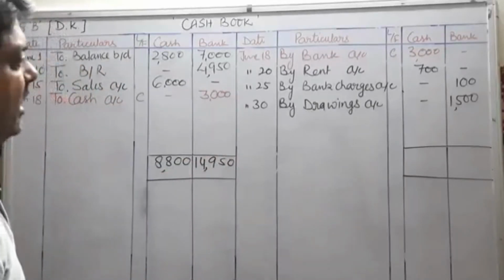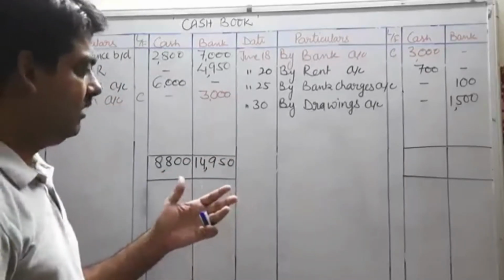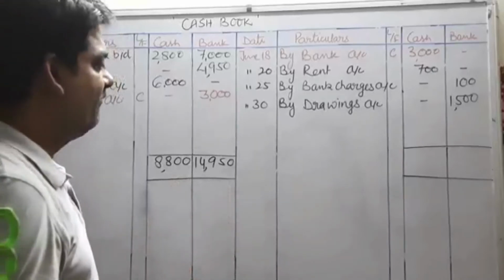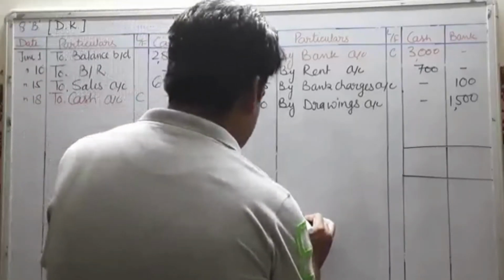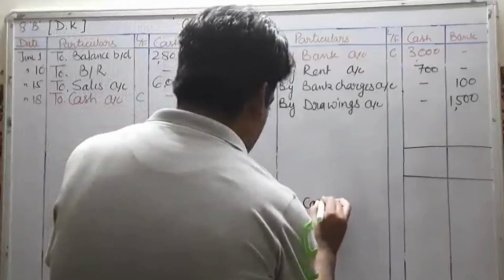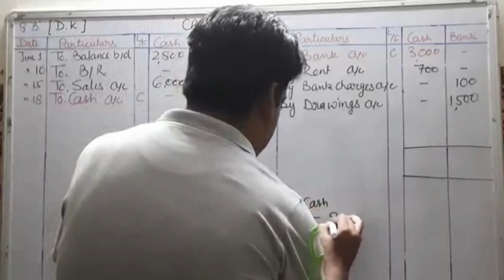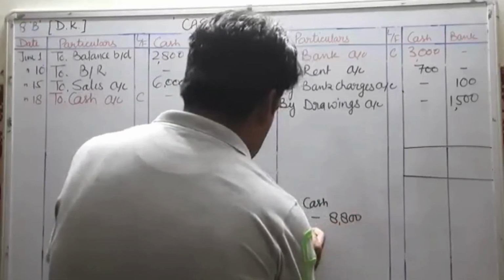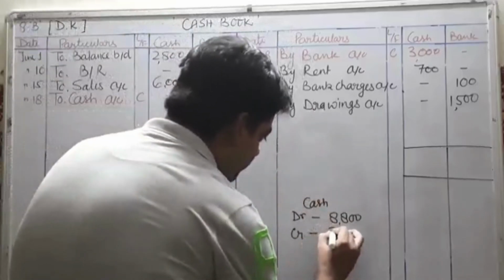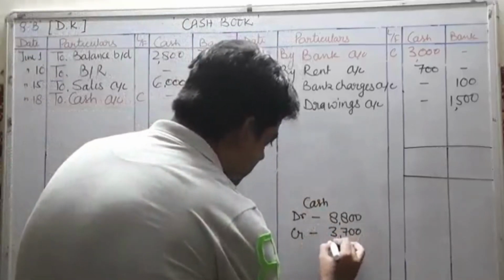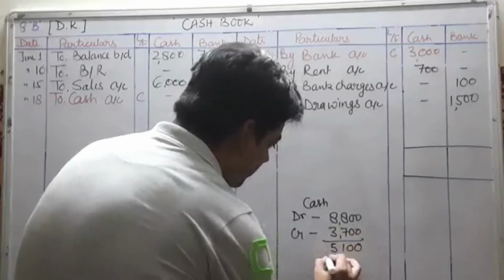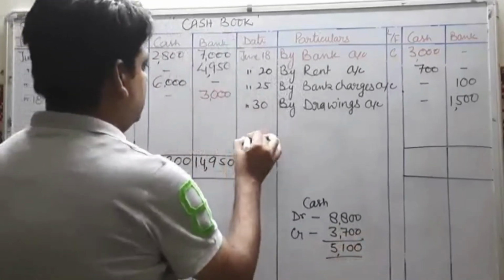Okay, now in rough paper, that is you can see in working note, I will take total of credit side. So debit total of cash is 8,800, and credit total of cash is 3,700. So like this, balance will come 5,100, and this is June.